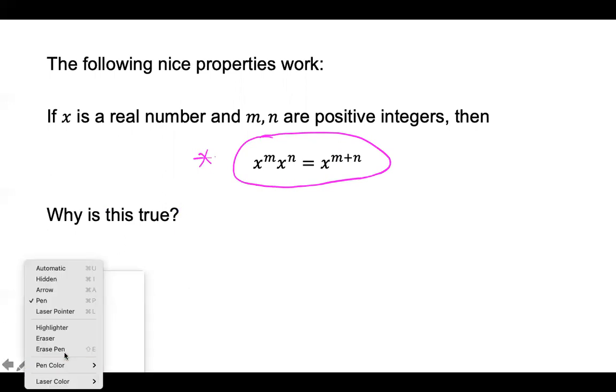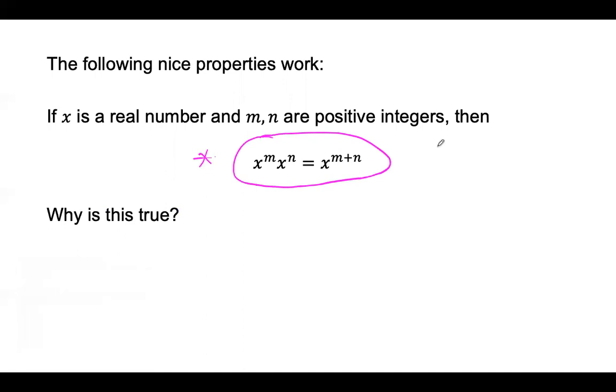Let's quickly see an example to the side. For example, let's say you have 7 to the power 3 times 7 to the power 5. Well, we can add those exponents, and that's the equivalent of 7 to the power 3 plus 5, which is 8.